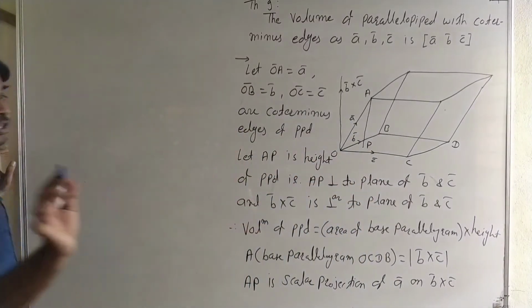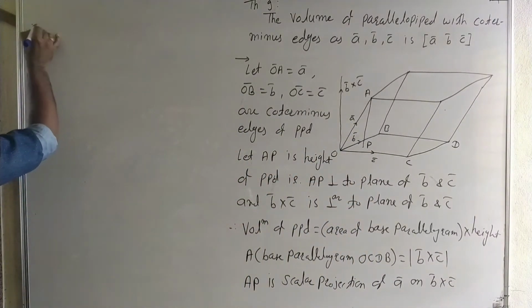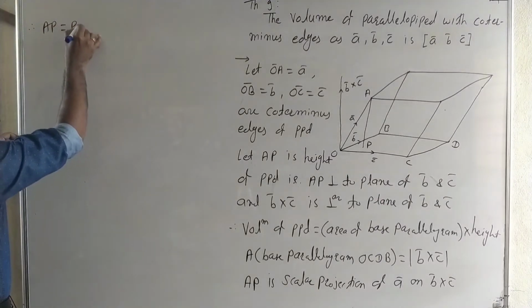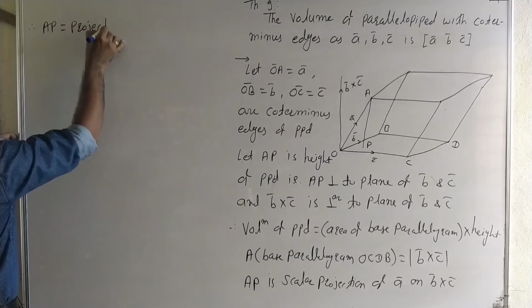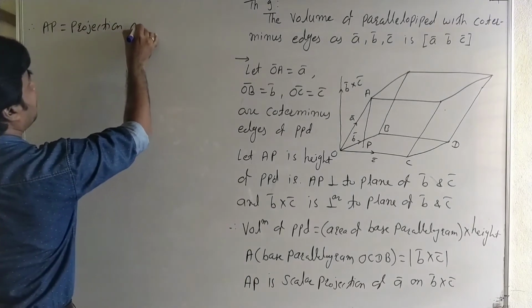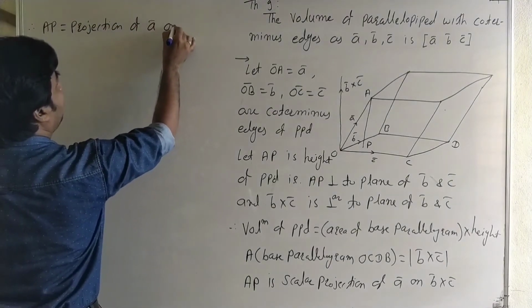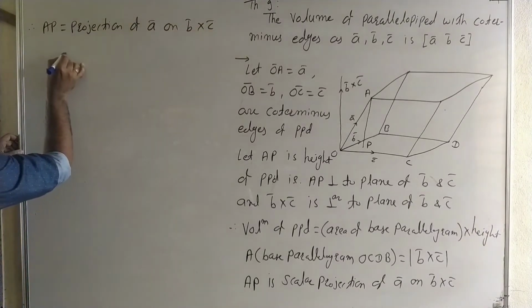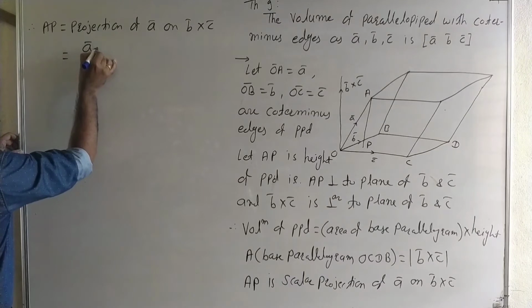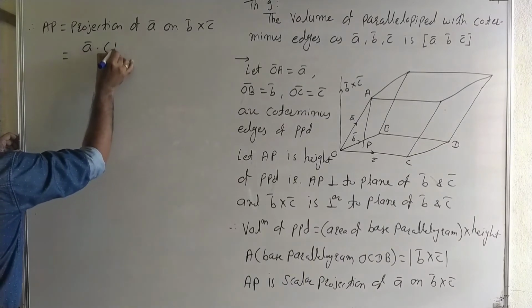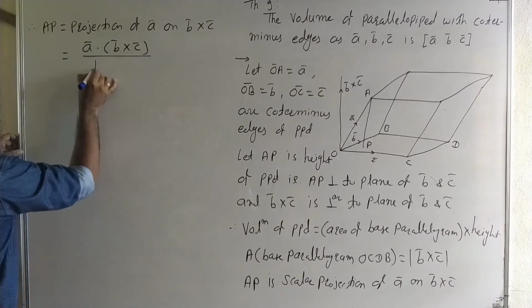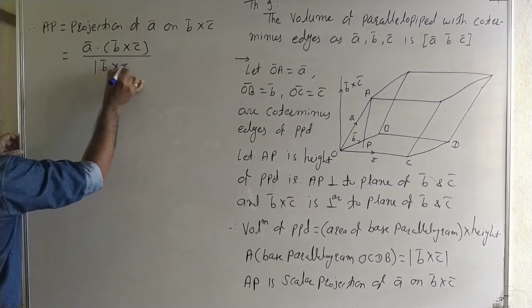Now we know the projection. Therefore AP is equal to projection of A bar on B bar cross C bar, and that is A bar dot B bar cross C bar upon magnitude of B bar cross C bar.